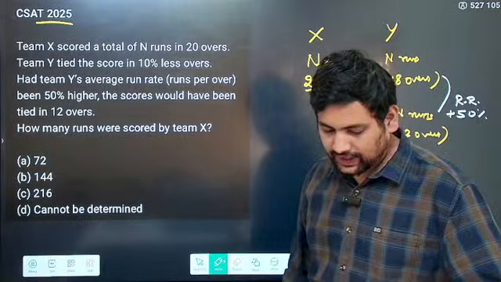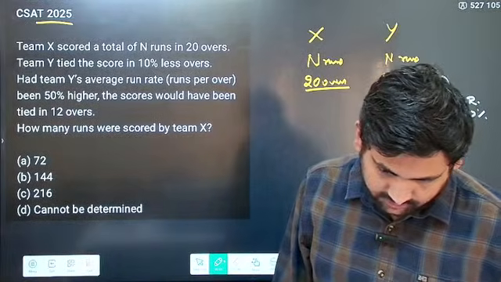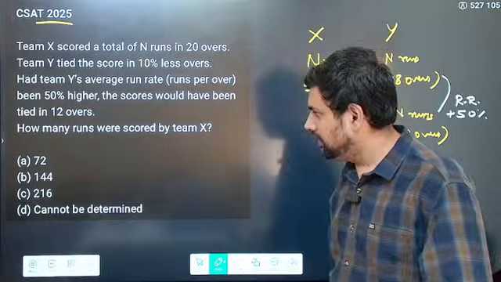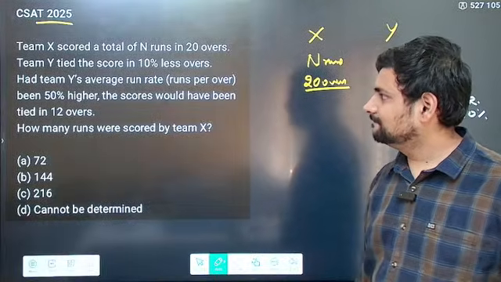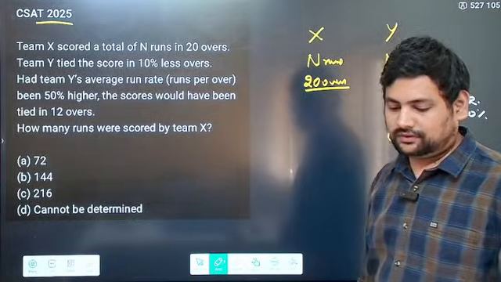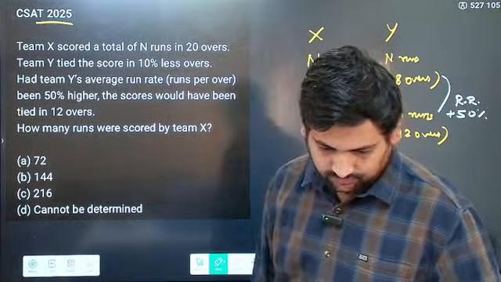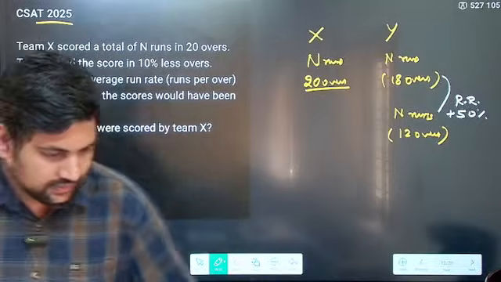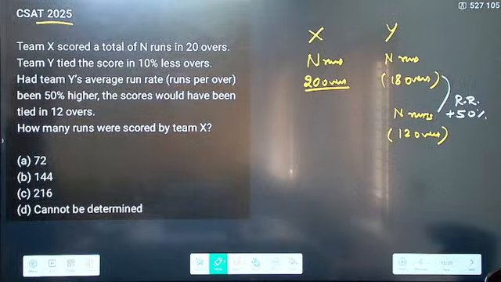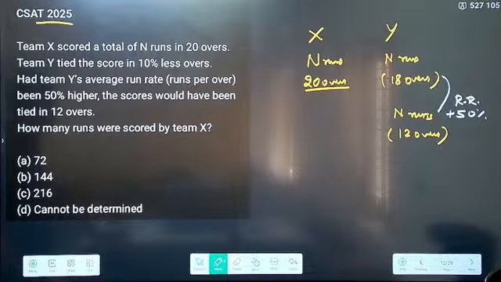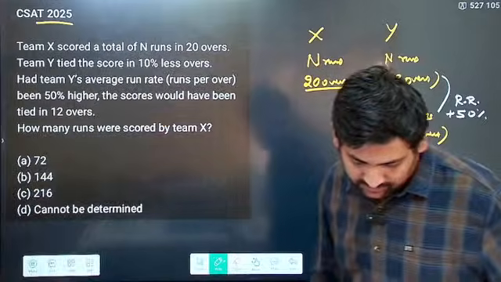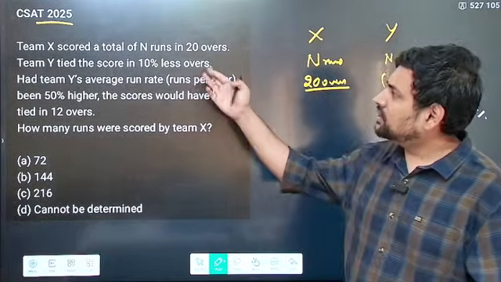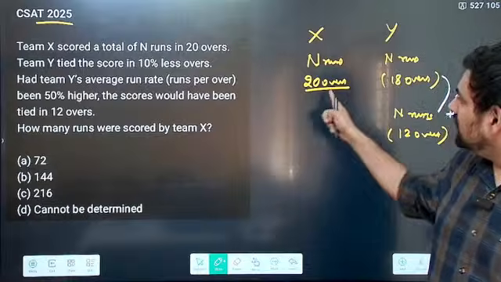What do you think? Anybody? Okay, see. Now it says Team X scored a total of n runs in 20 overs.